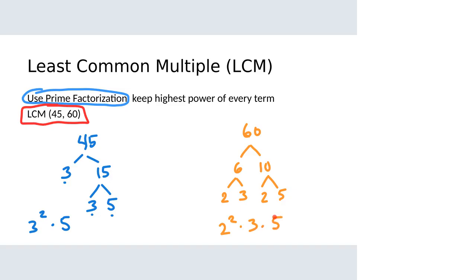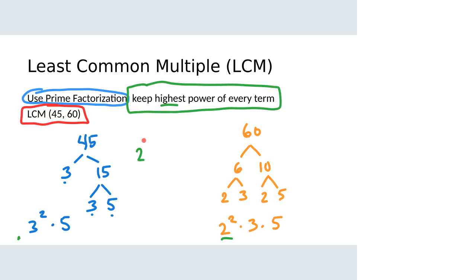So I have my prime factorizations. Now what I want to do is find the least common multiple. Just as a reminder, last week when we were doing greatest common factor, what we did was we looked for what they had in common and we kept that. Now we're not going to do that anymore. We're going to keep the highest power of everything we see. So there's no 2's over here, but there is a 2 squared over here.